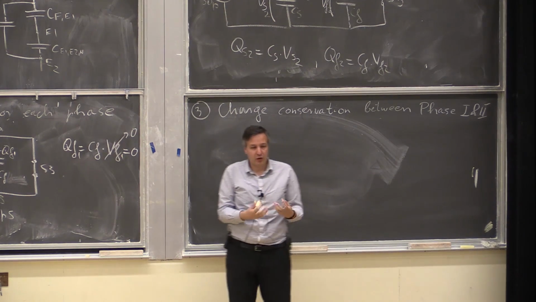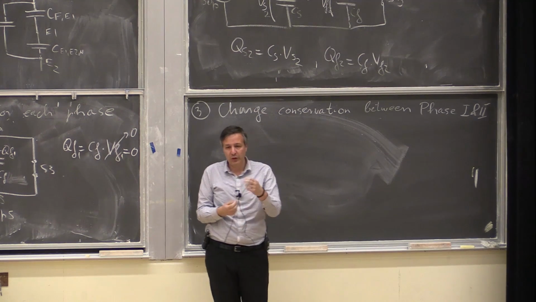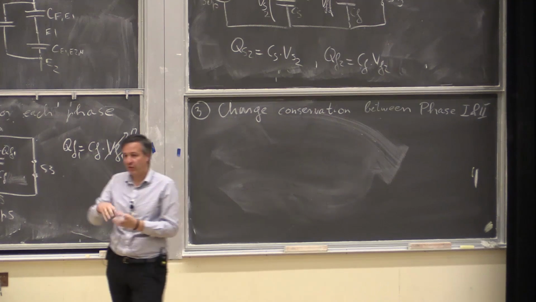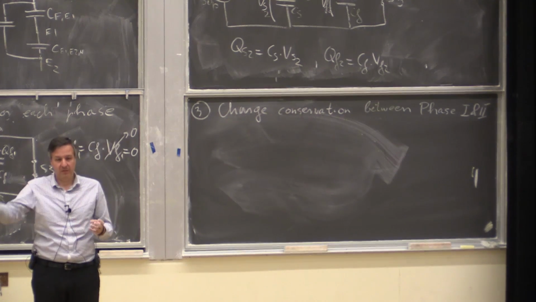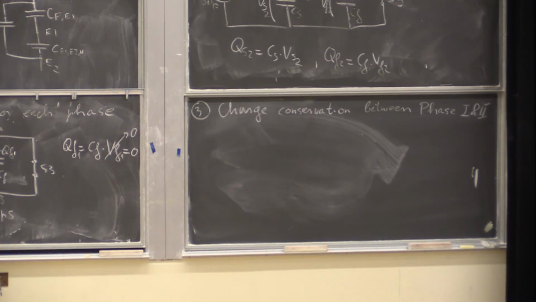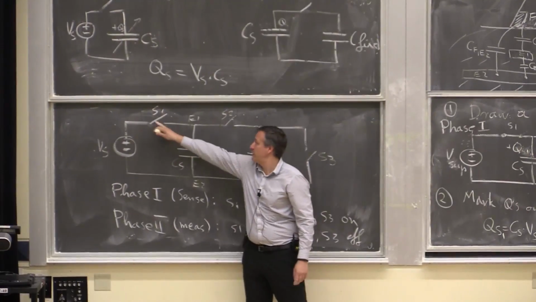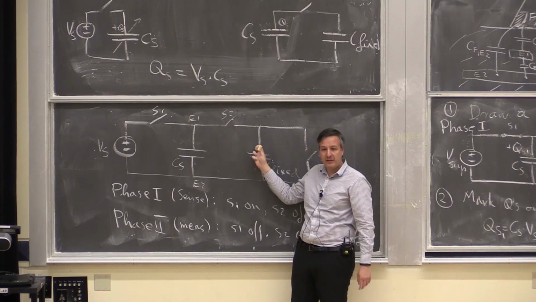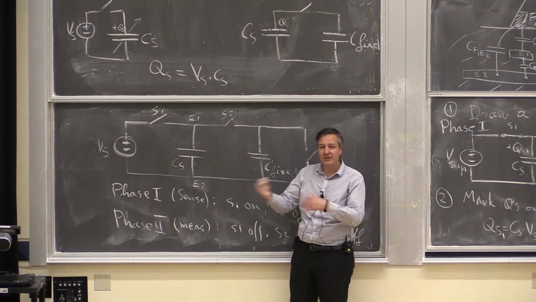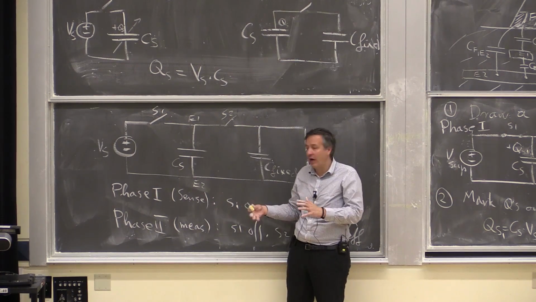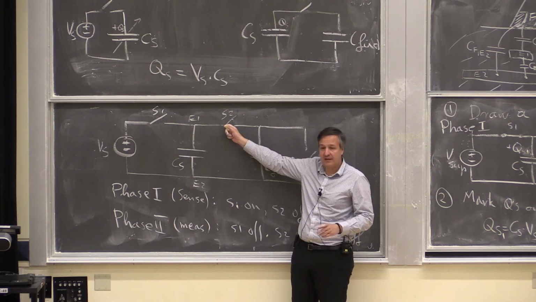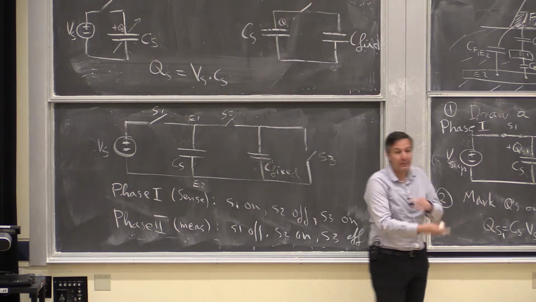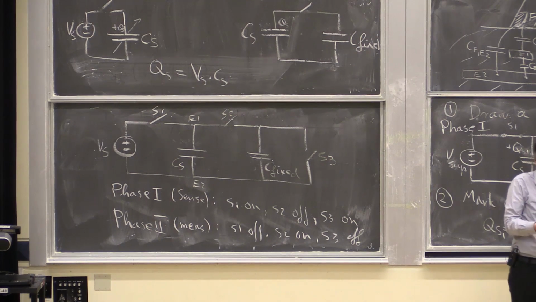To see where the charge conservation happens, you have to see which node floats between phase 1 and phase 2. In this case, it was this node, E1. When it got charged, I disconnected the supply, so the only place this charge could have gone is onto this plate when I short them. There's no other supply or ground or short connected to that node to empty the charge somewhere else. So the charge is right there.